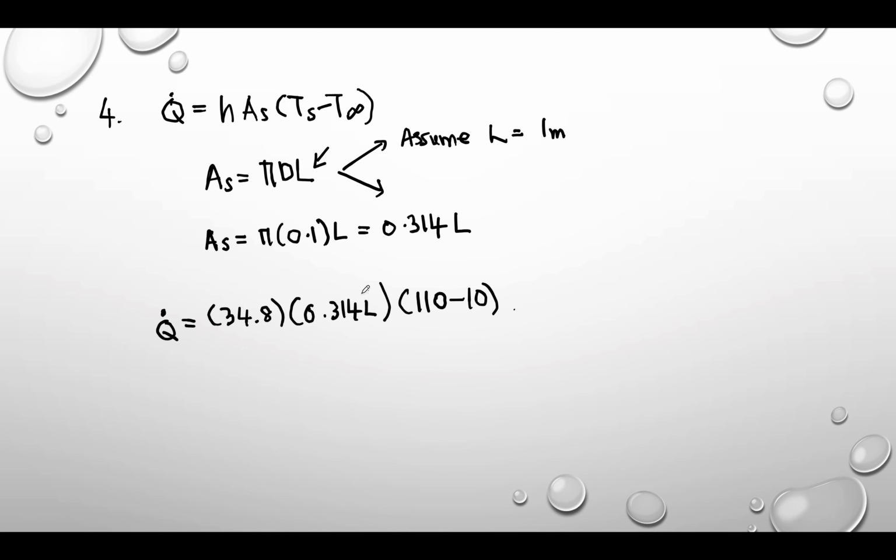Here I have L terms, so I will bring these L terms to the left hand side. The left hand side will be Q dot over L. Therefore, I will get 1093 watt per meter.